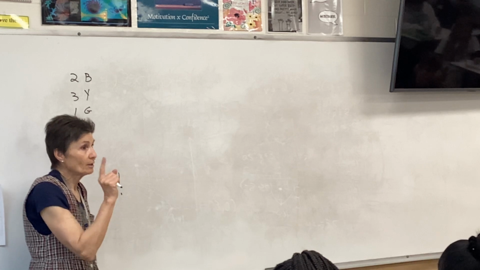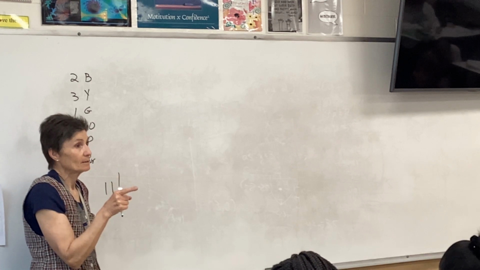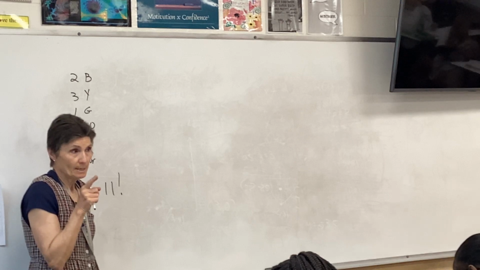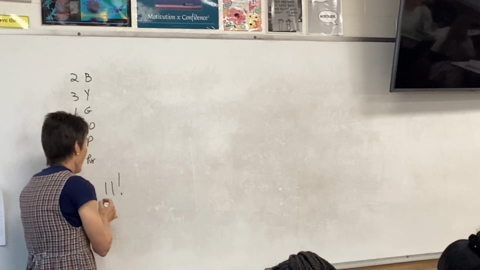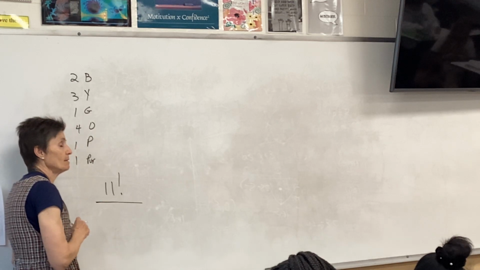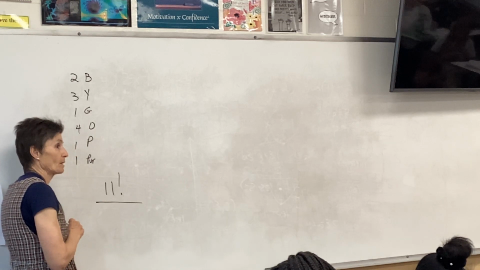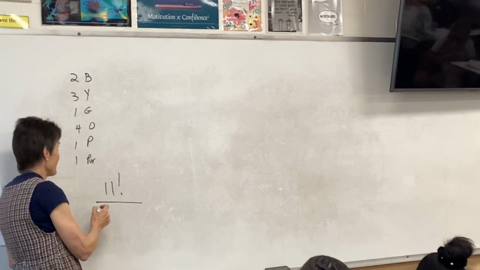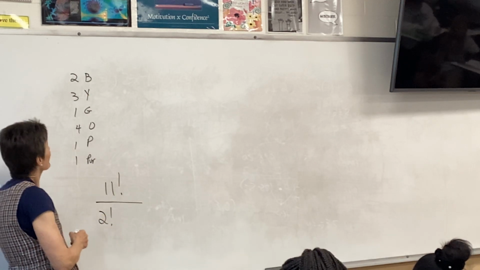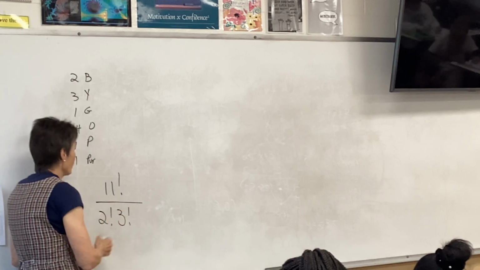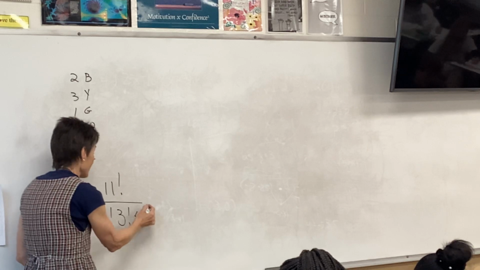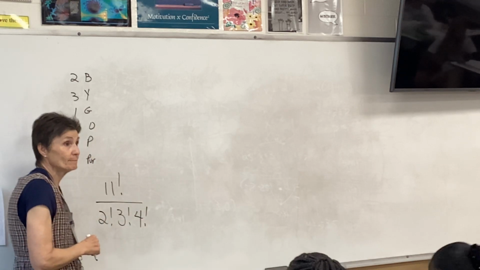Because a circular arrangement is 1 less. Okay? Now, I'm going to divide by anything that's the same. So I'm going to divide by 2 factorial for my blues, 3 factorial for my yellows, and 4 factorial for my oranges.